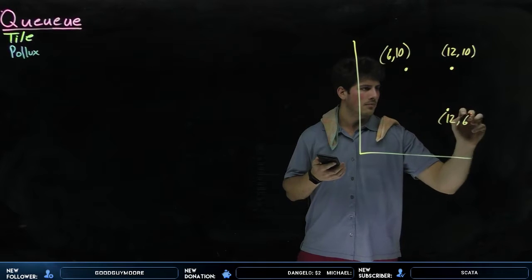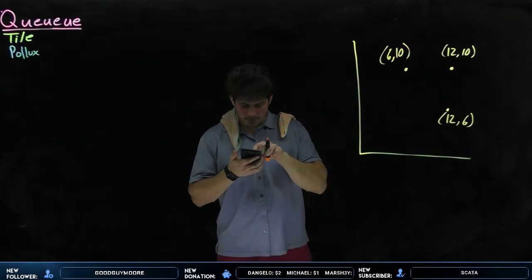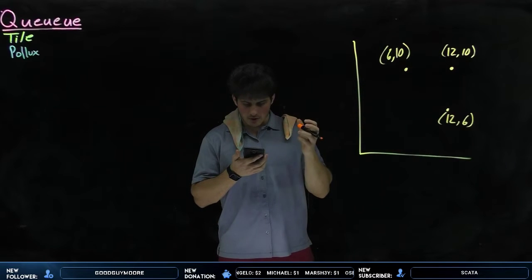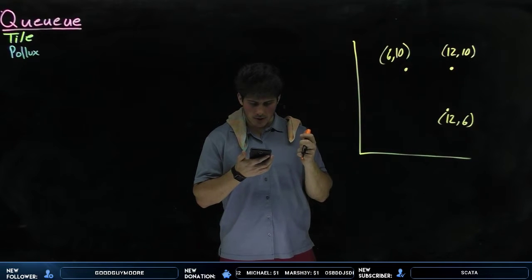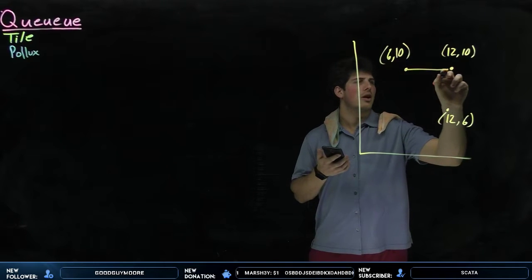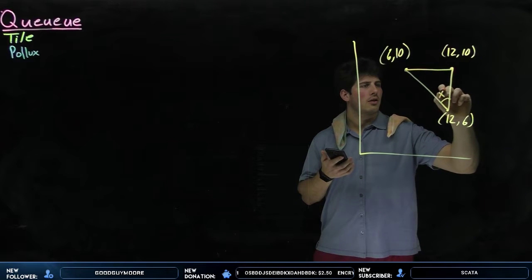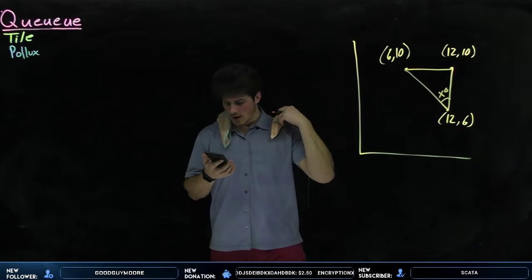That's it. Now, what they're asking for is the tangent of the angle formed between these two. Sorry, not these. Let me go ahead and draw these out. This angle right here. So we're trying to find the tangent of that angle.